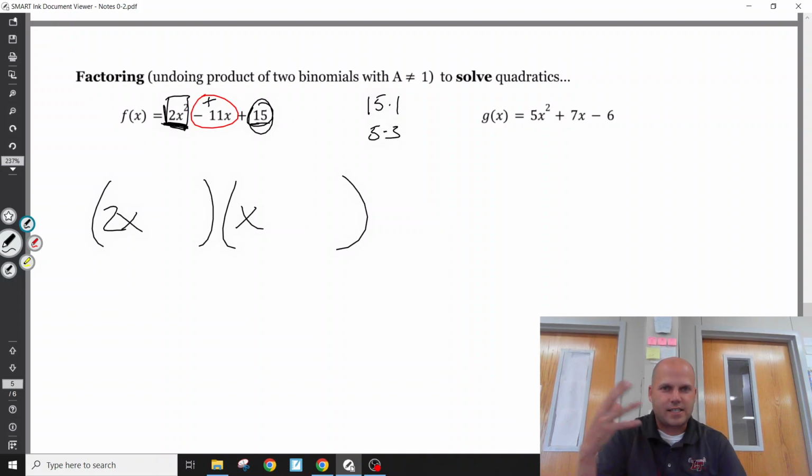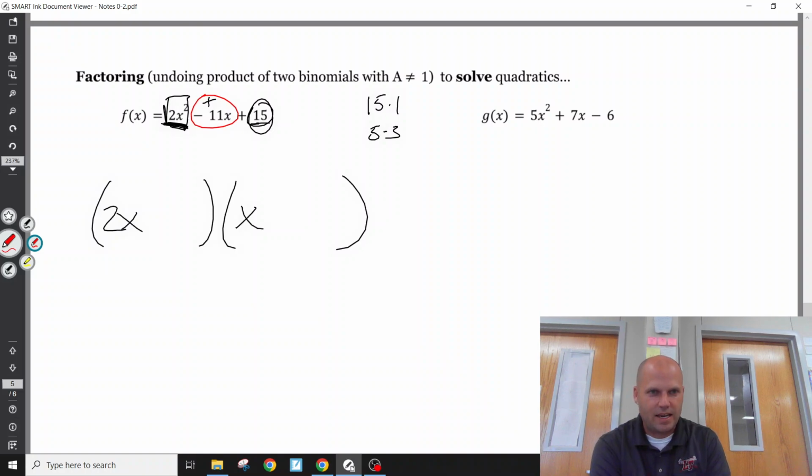Now, somehow, if you combine these things, you need to be able to add your middle amount of x's to be negative 11. Now, I can think about having negative 6x's and negative 5x's.